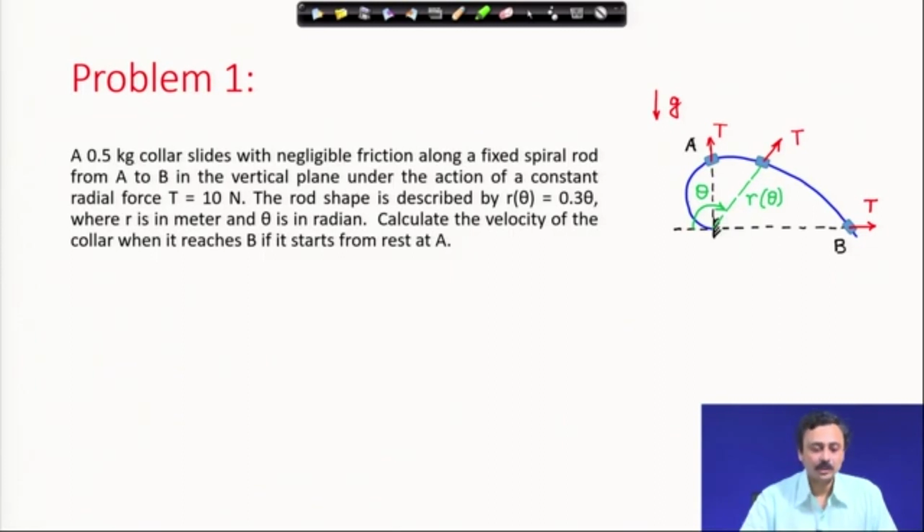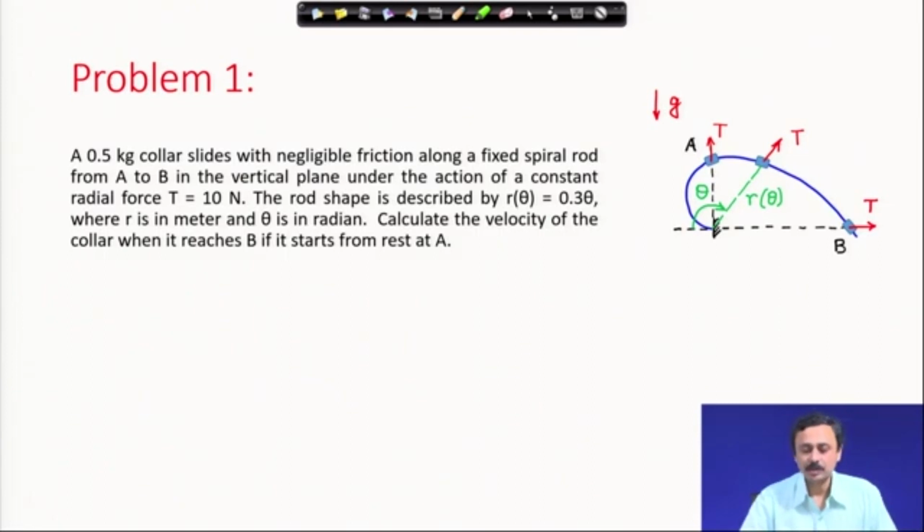This should not cause confusion because this T here is the applied force. The rod shape is described by r theta. I have shown how r is defined as a function of theta and where theta is being measured from. r theta is given by 0.3 times theta, where r is in meter and theta is in radian. Calculate the velocity of the collar when it reaches B.